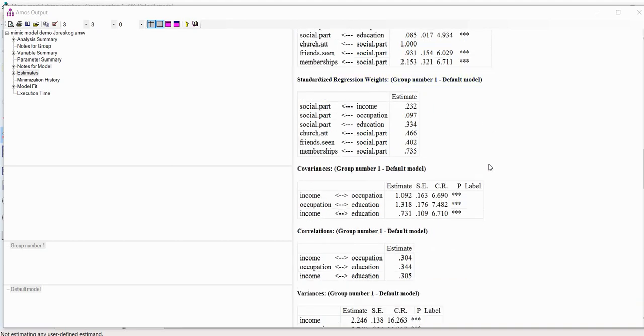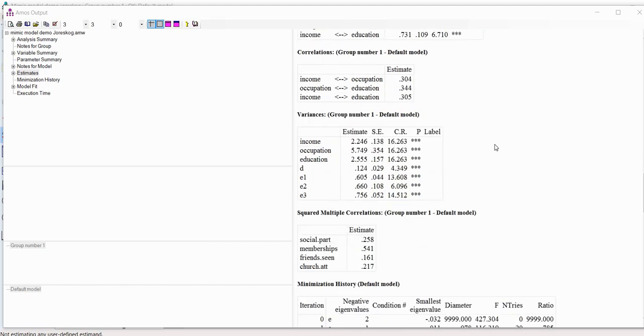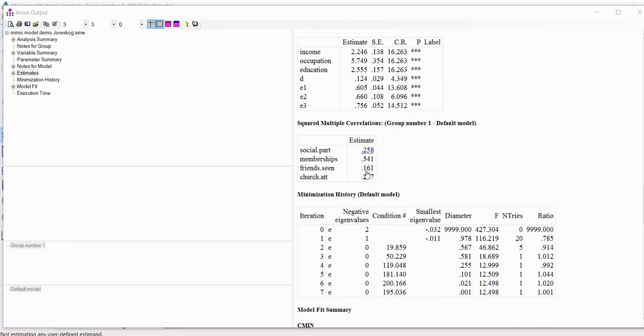So obviously we can scroll down. You can see that we get the standardized coefficients, basically the standardized factor loadings and the standardized coefficients for the structural portion in the model. I've scrolled down a little bit further. You can see the correlations among the exogenous variables given, as well as the squared multiple correlations.